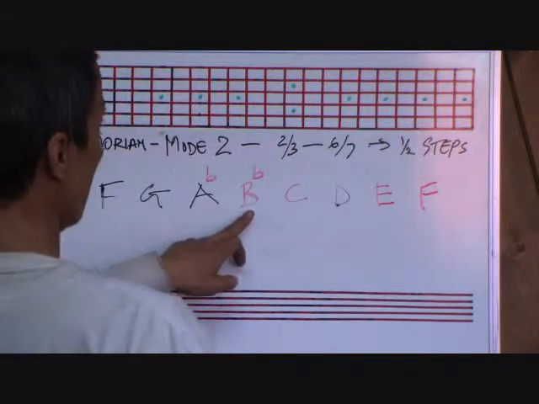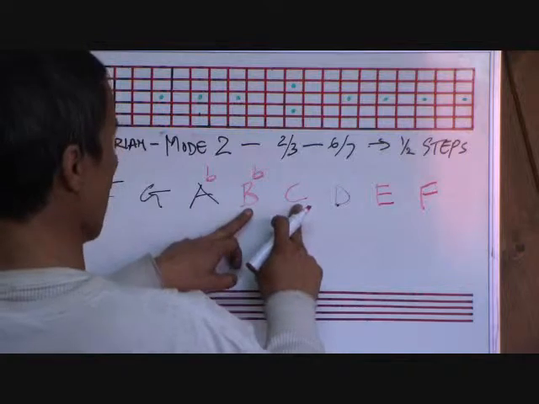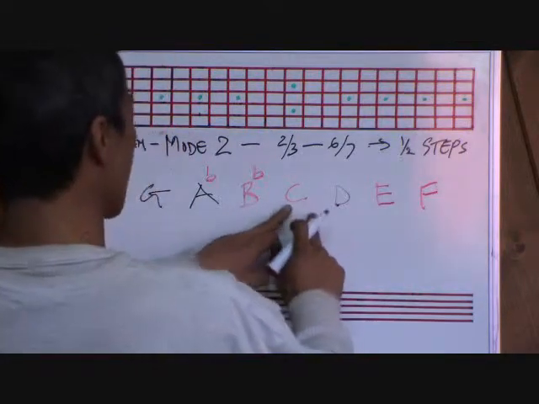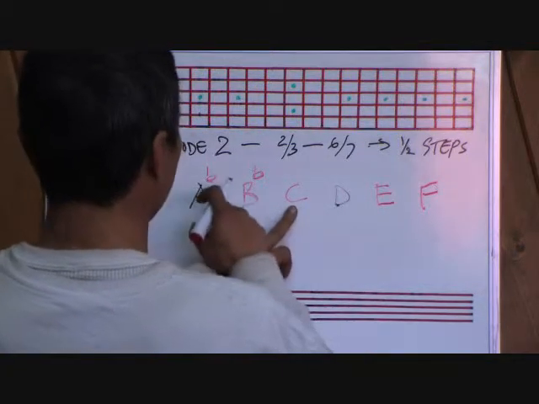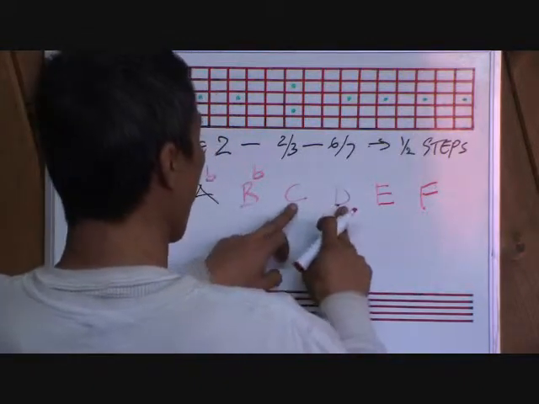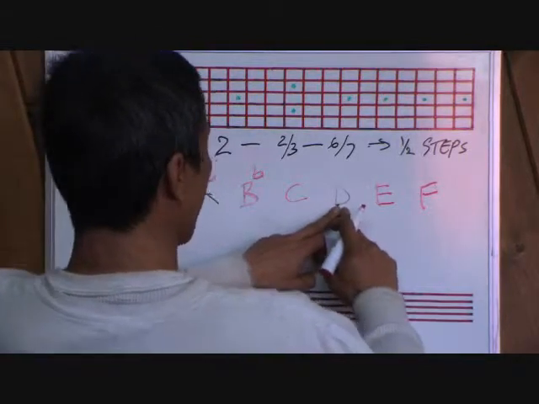Okay, B flat to C is the whole step. That's fine, according to the formula it's whole step. Okay. C to D is whole step according to the formula, leave it alone. Okay?